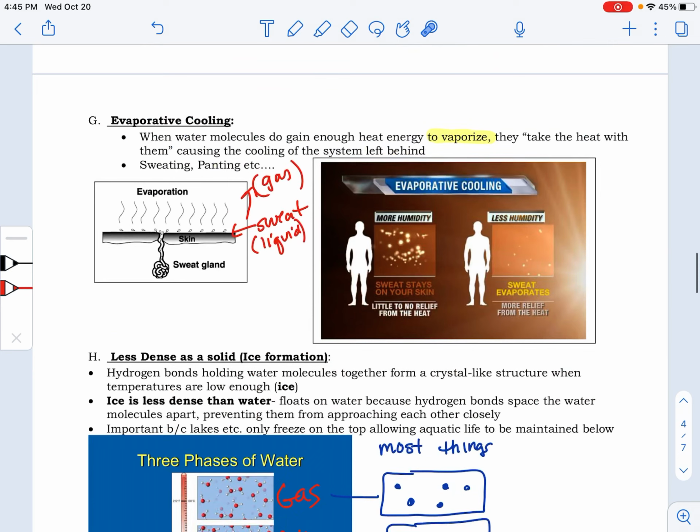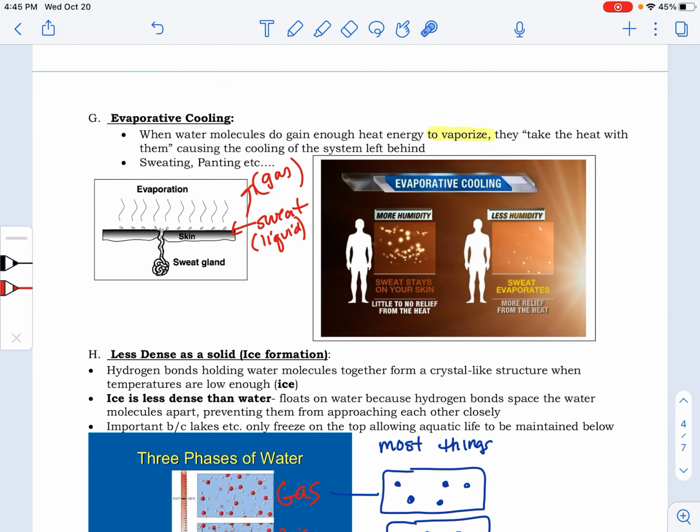Okay. Evaporative cooling is just what it says. It's talking about the fact that when water evaporates, and evaporate is when you're going from a liquid to a gas, right? So when anything goes from a liquid to a gaseous state, it's vaporizing or evaporating.